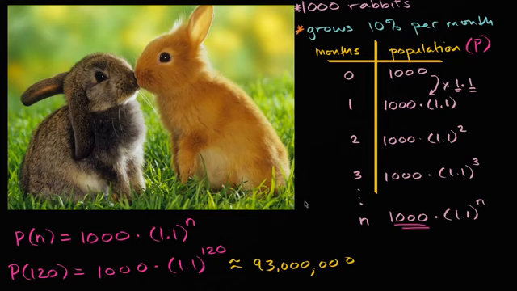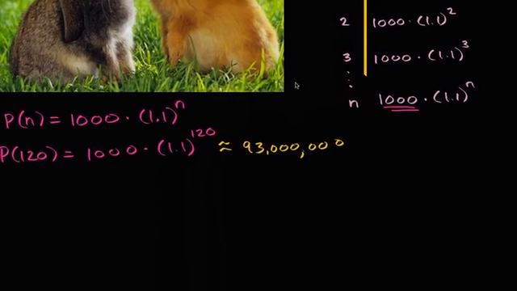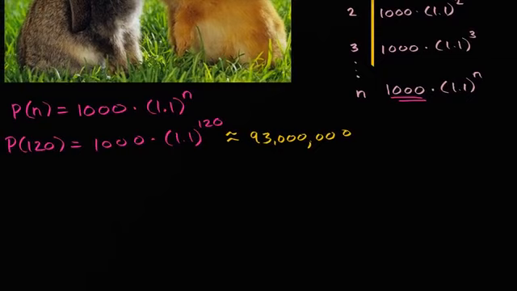And if you were to plot something like this out, if you were to plot the rabbit population with respect to time, let me draw it. So this axis is time, say in months. On this axis, you have your population.